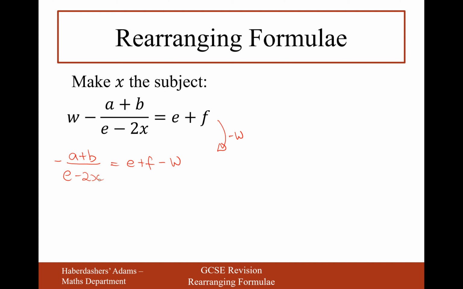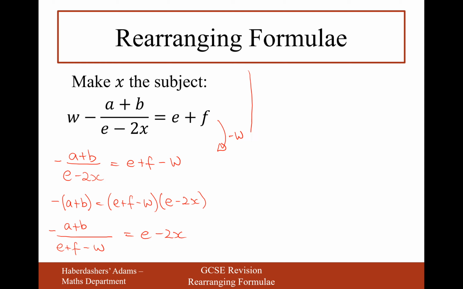Now I can multiply by this e minus 2x, so it's going to be minus (a plus b) equals, in brackets, e plus f minus w, and then in brackets e minus 2x. Then I'll divide by this bracket here. So I'm going to get minus (a plus b) over (e plus f minus w) equals e minus 2x.